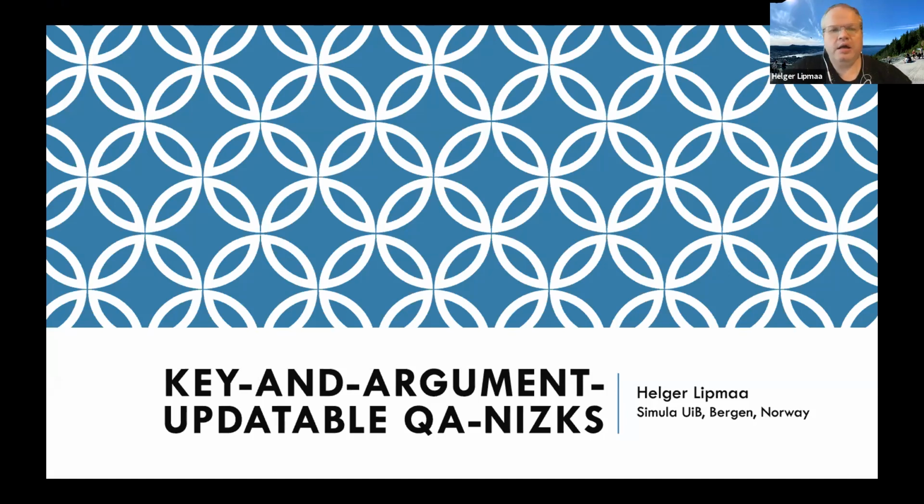I'm going to talk about something called quasi-adaptive non-interactive zero knowledge, or as I pronounce it, QA-NIZK. A QA-NIZK is essentially a non-interactive zero knowledge argument where you have an additional language parameter. You can imagine that your language depends on some parameter. For example, the parameter can be something like an ElGamal public key, and then the argument is about something related to this concrete public key.